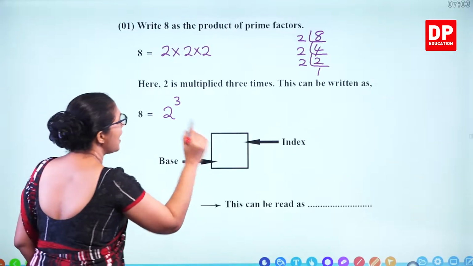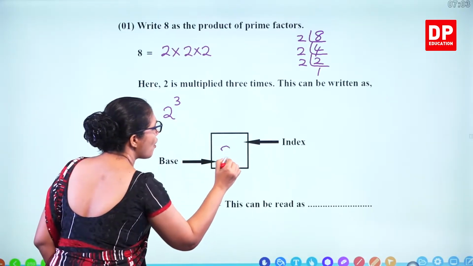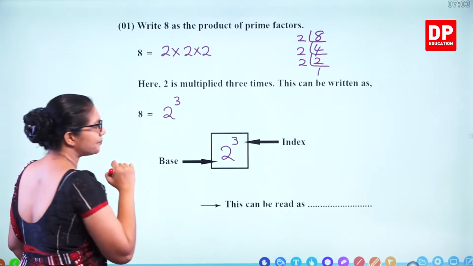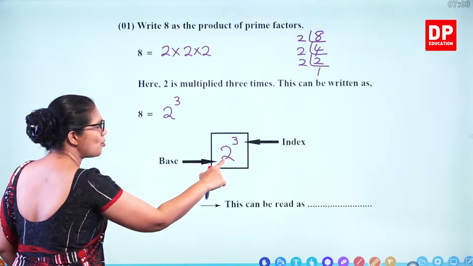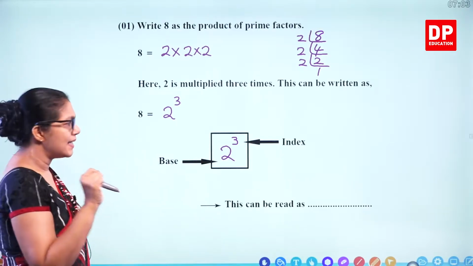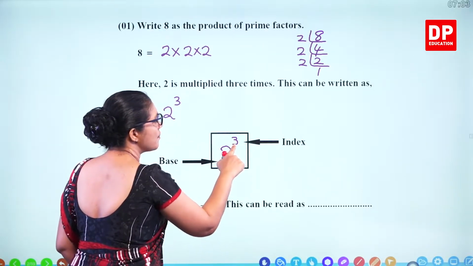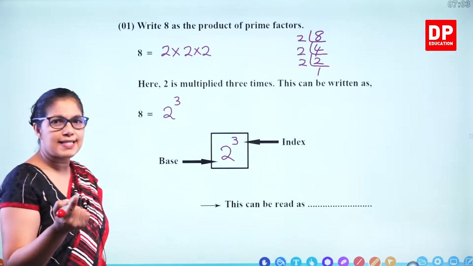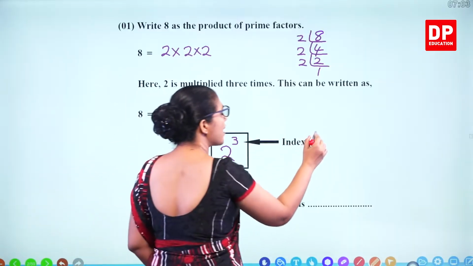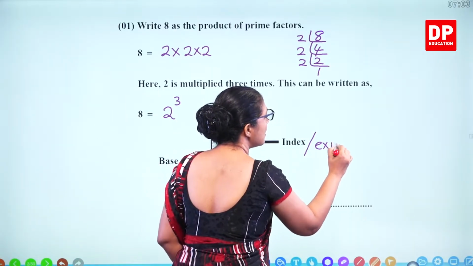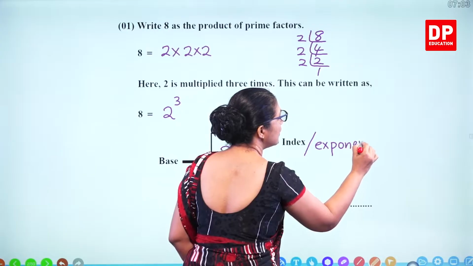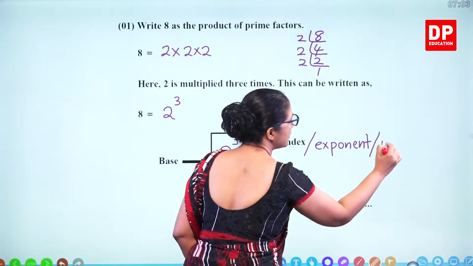When you take this number 2 to the power of 3, we call this 2 the base. And the power, this superscript, we say that's the index. Sometimes we call it exponent or power.